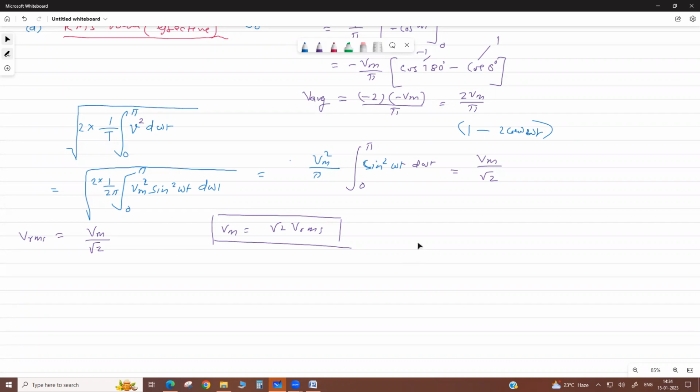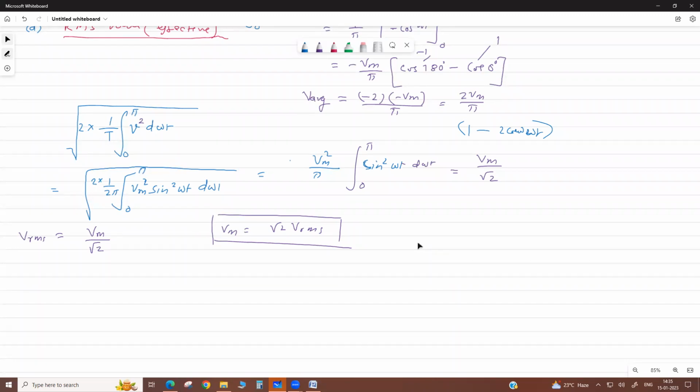Then two factors are there, form factor and peak factor.